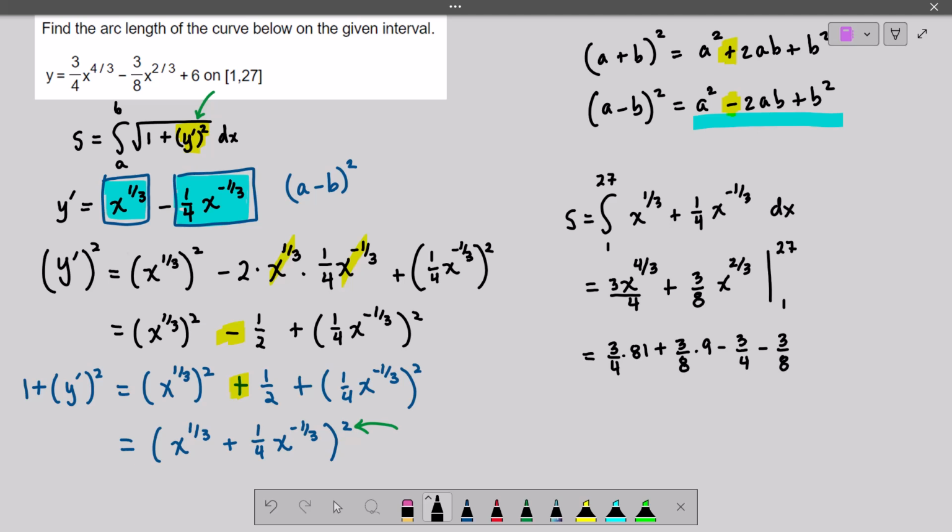And if we simplify all this, I worked a little bit ahead, and if you do the arithmetic here, we'll end up with 63 as the arc length.